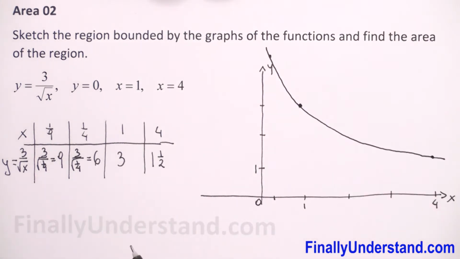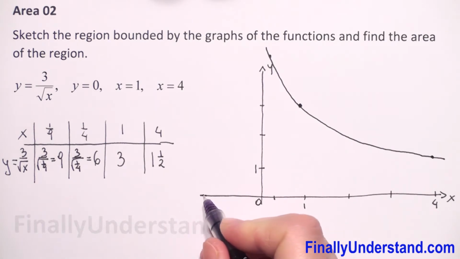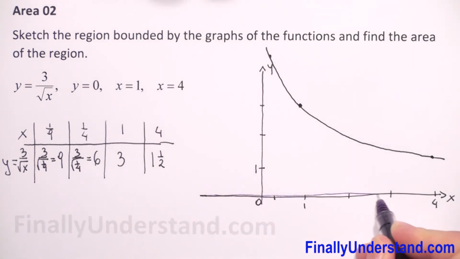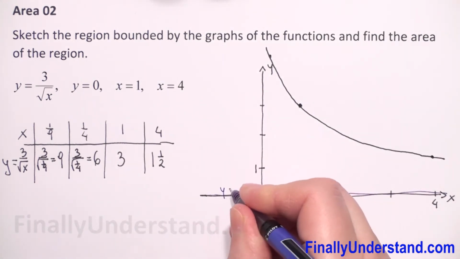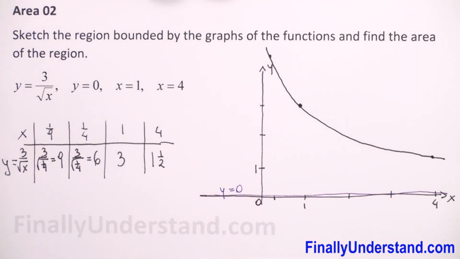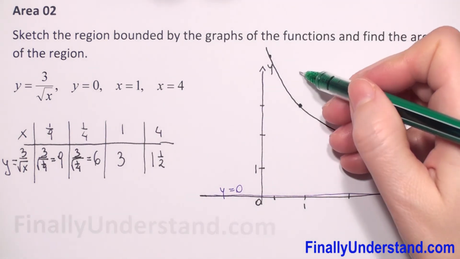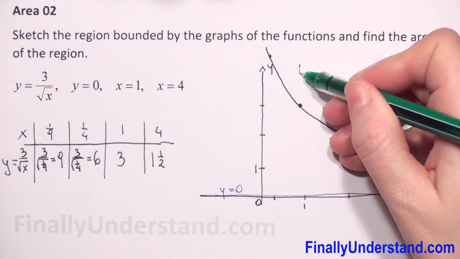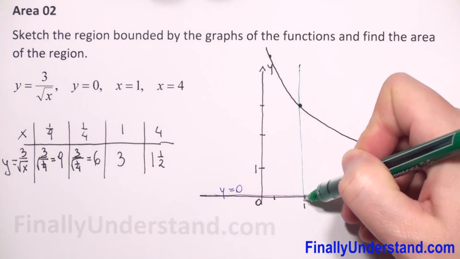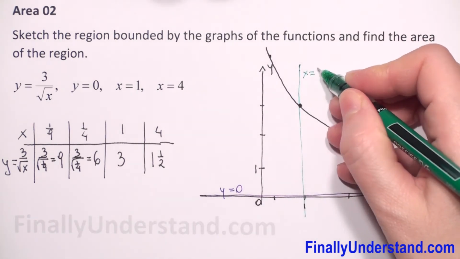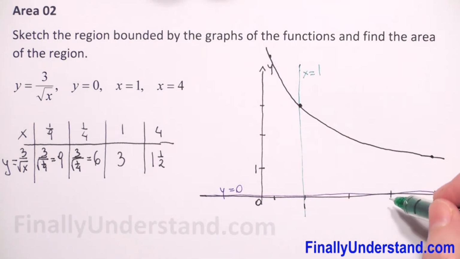So it is something like this. Now we have to draw the next graph, y equals 0. Let me put a different color. This is our y equals 0. Next we have x equals 1. This is a vertical line, x equals 1, and we have x equals 4.